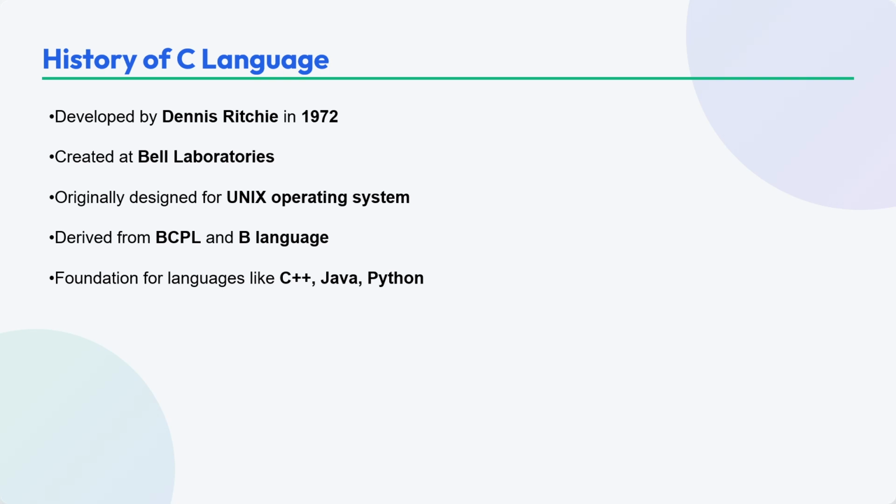Next point: it is derived from the BCPL and B languages, and the C language gives the foundation to many languages like C++, Java, Python. These are few examples, but there are more languages which are built from C. So moving to the next topic, we have features of C programming.